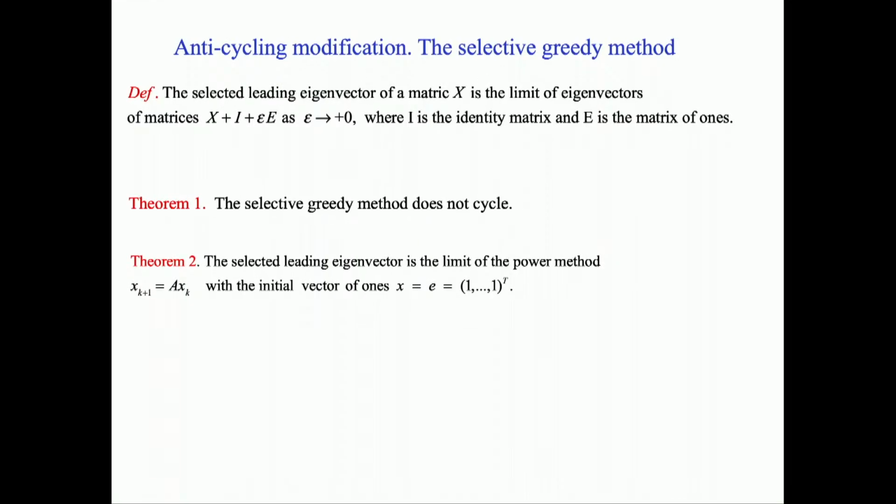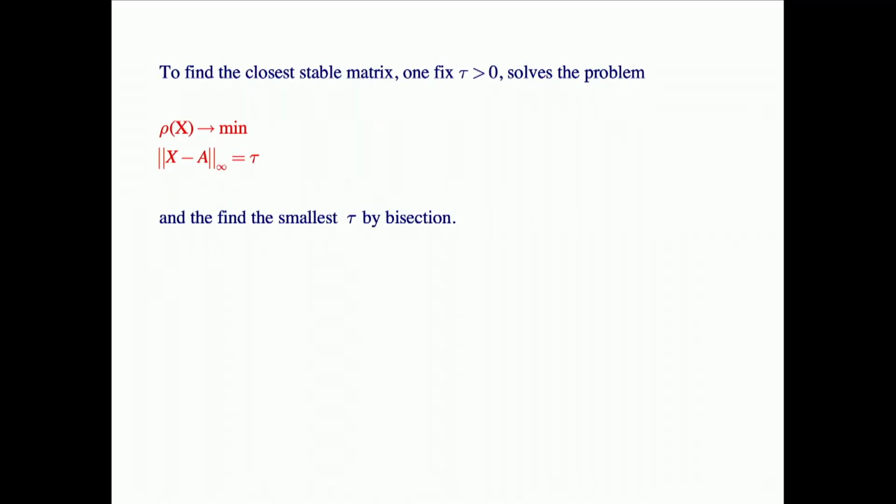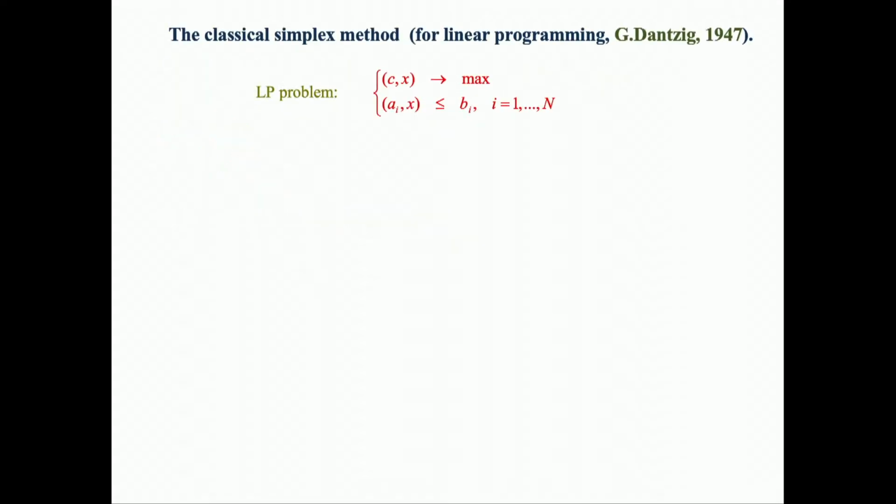Only if it cycles, we can apply it. And this is how to find the closest stable matrix in L infinity norm. We just fix some tau. We solve this problem of optimizing the spectral radius over the matrix ball, and then by the double division, we find very quickly the optimal solution.